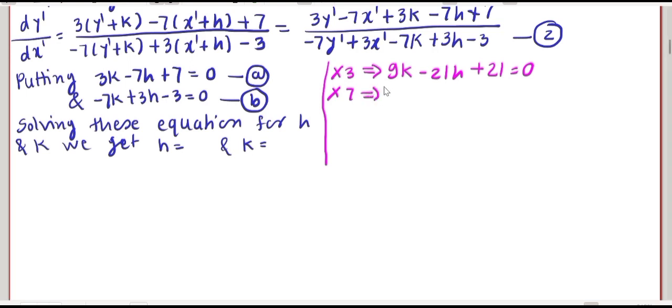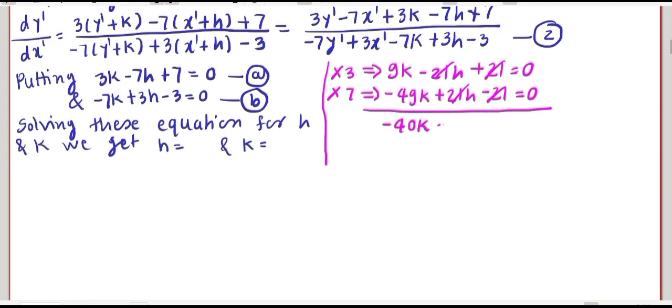We get minus 49k plus 21h minus 21 is equal to 0. Solving this, the h terms cancel. So we get minus 40k is equal to 0. From that we get the value of k is equal to 0.